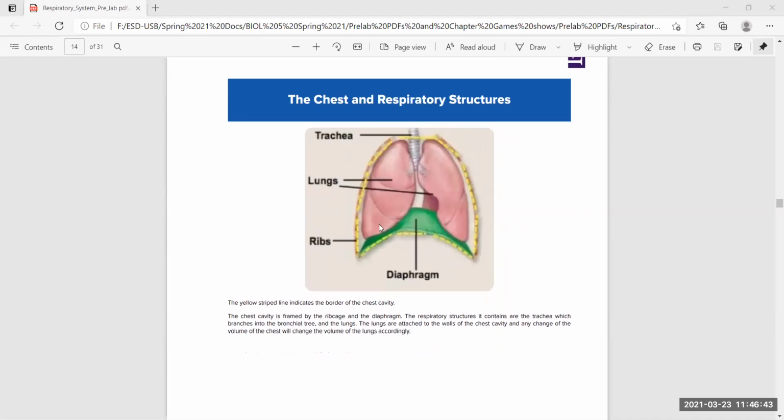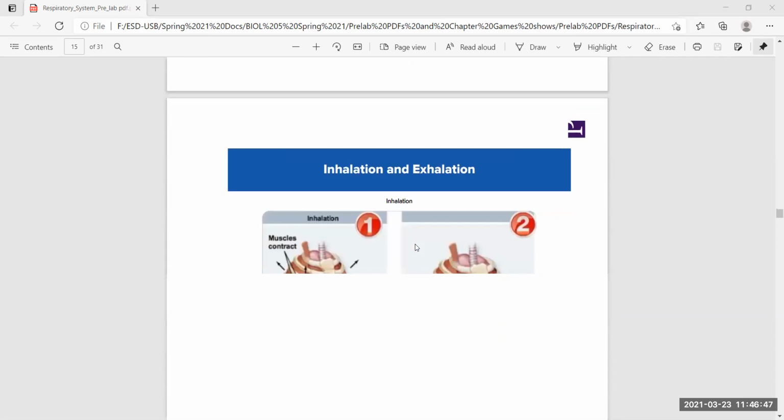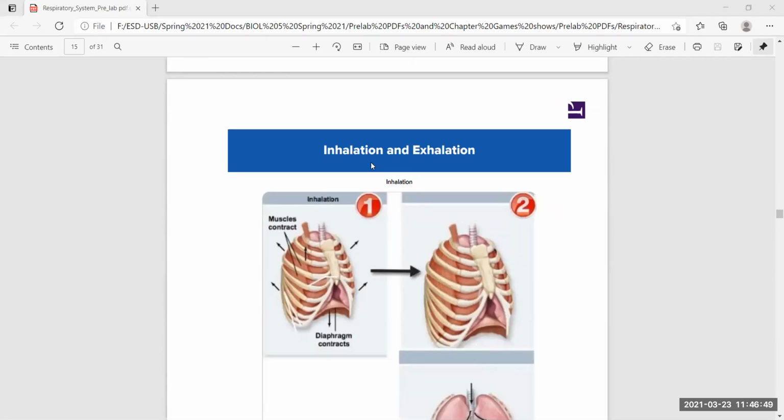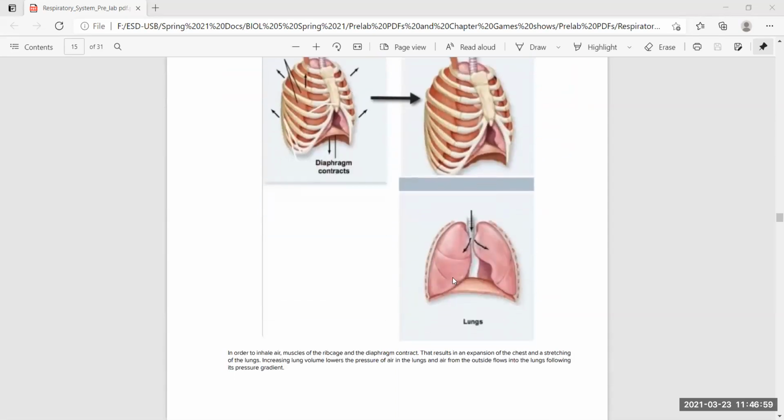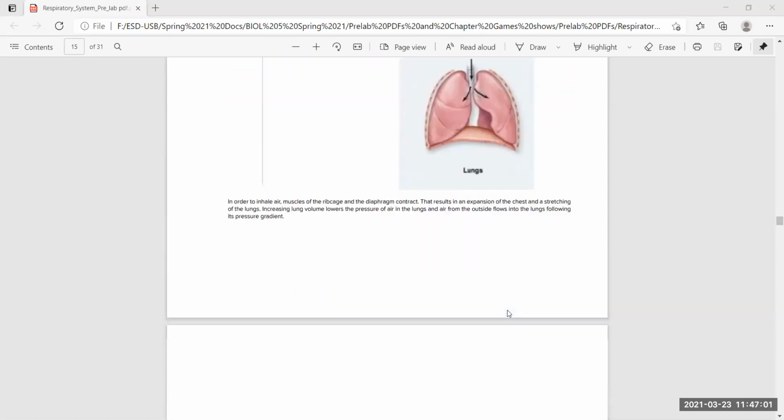So this is the diaphragm, the lungs and ribs. Inhalation again: the muscles contract, the diaphragm contracts, and then you have increased volume, decreased pressure, so air is coming inside.